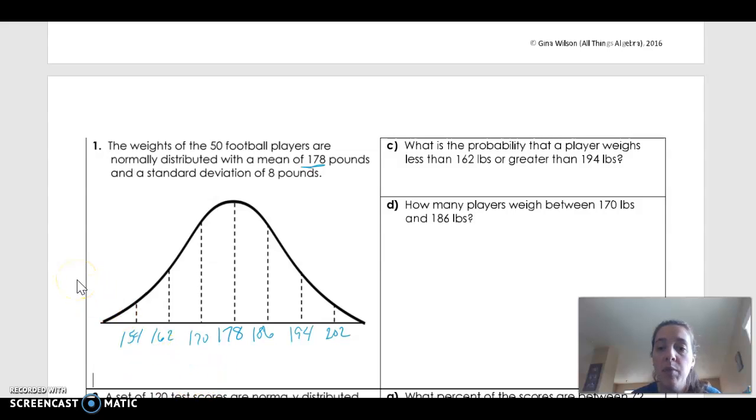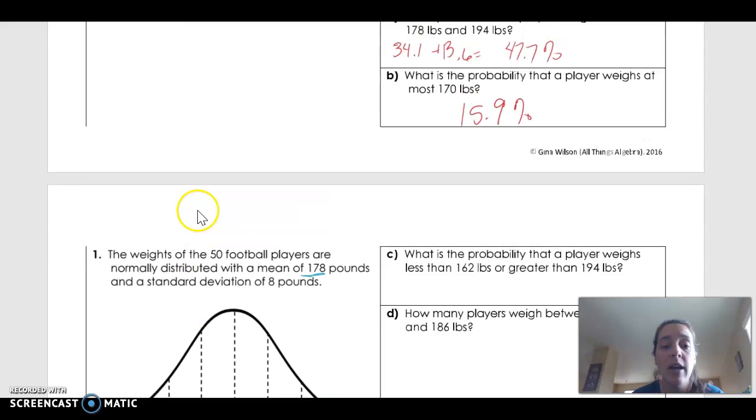What's the probability that a player weighs less than 162 or greater than 194? So here you can hopefully see why we always draw this out first so I can see exactly what I'm looking at. So I need less than 162 or greater than 194. Okay, so nothing in that middle chunk, just these. So I see that I'm 2 standard deviations away going this direction, and 2 standard deviations on the positive side going that way.